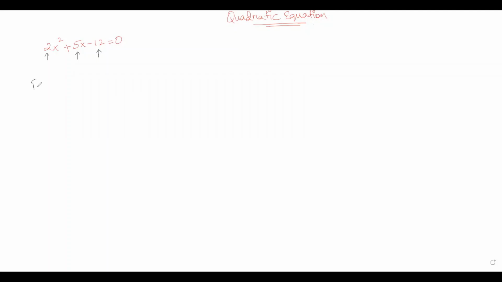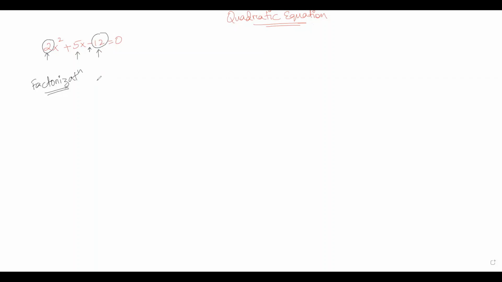First, let us use the factorization method to find the roots of this quadratic equation. So here the leading coefficient is 2 and the magnitude of the constant term is 12. So the product of 2 and 12 is 24, and the sign of this constant term is negative.